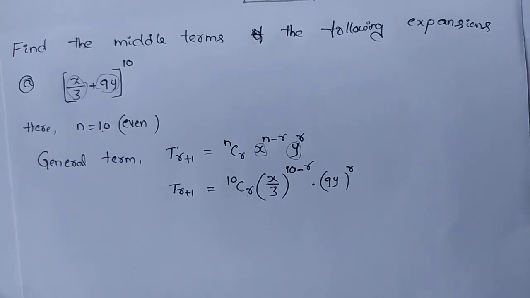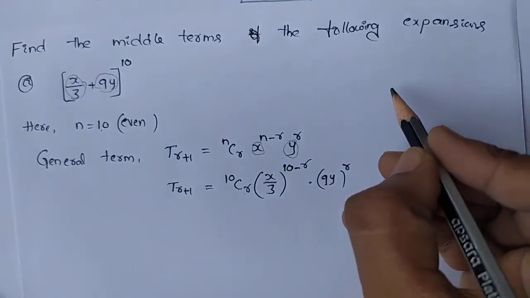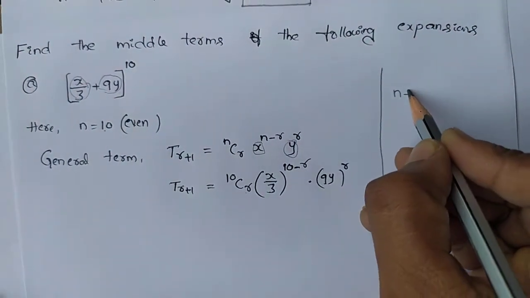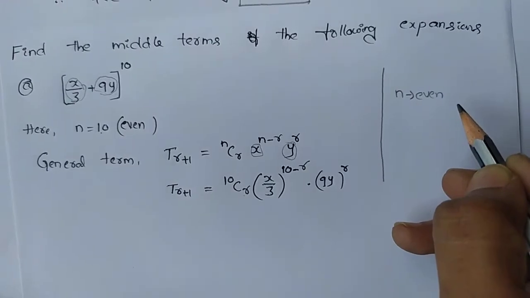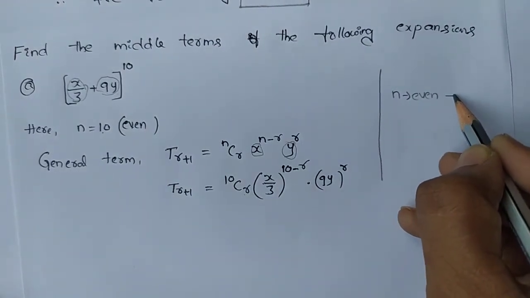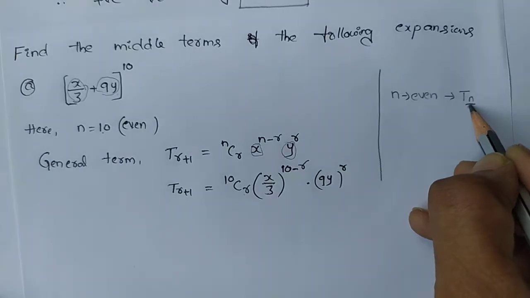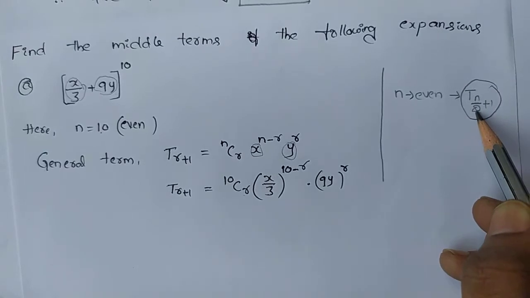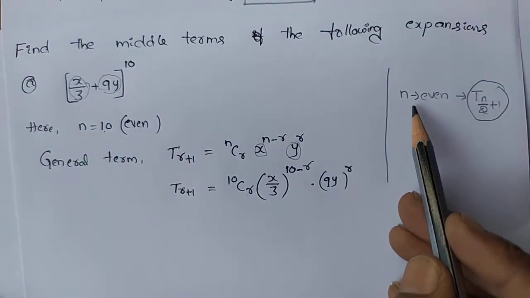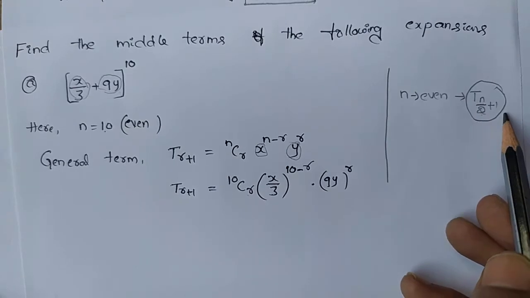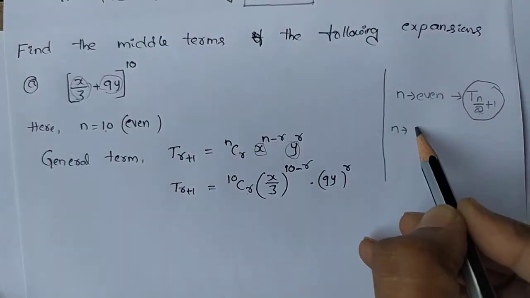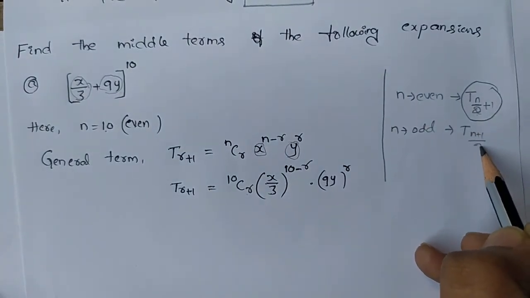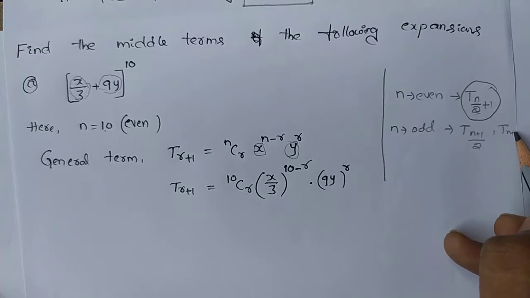Now, what is the middle term? You just see the previous classes' note points: if n is even, then there will be only one middle term, that is T n by 2 plus 1. It is the formula we already learned, right? If n is odd, then there will be two middle terms, T n plus 1 by 2 and T n plus 3 by 2.